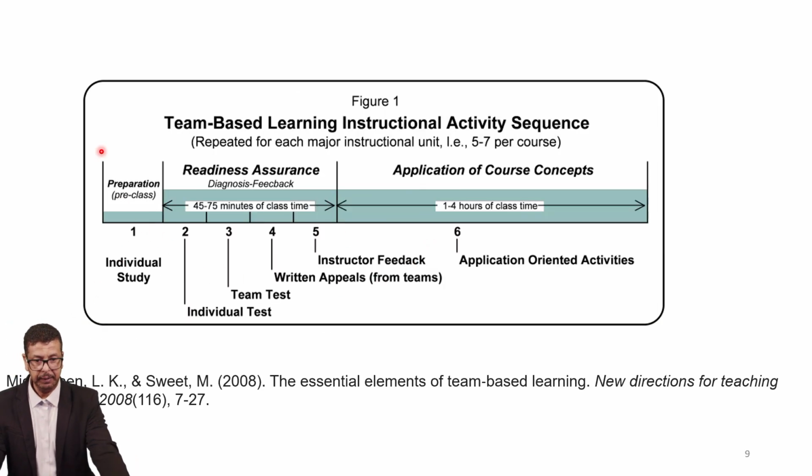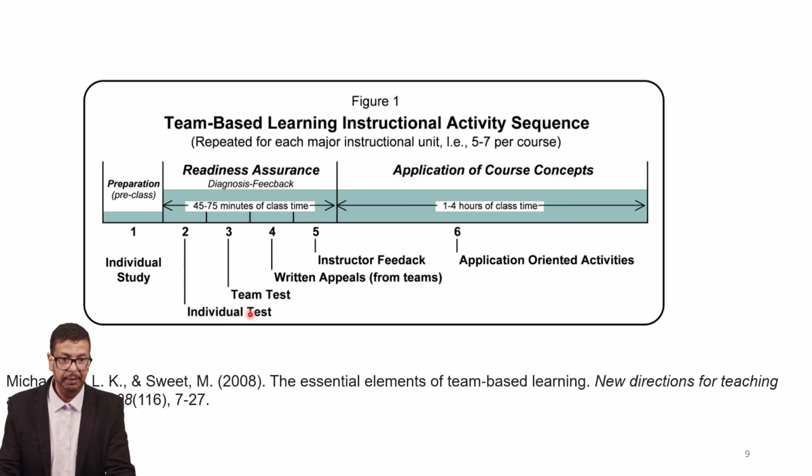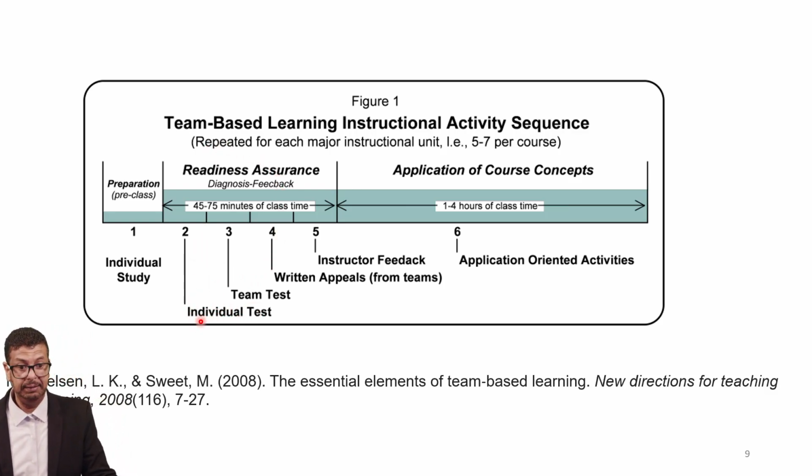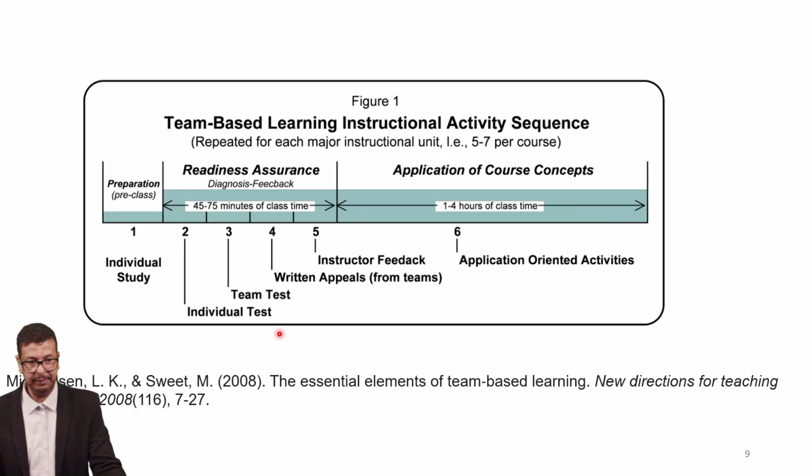So in team-based learning, there is individual study, which is pre-class preparation, and then there are class activities within the class. The class activities include the readiness assurance phase, which is divided into the individual test, called the individual readiness assurance test, IRAT, the team test, the team readiness assurance test, TRAT, and then appeals.